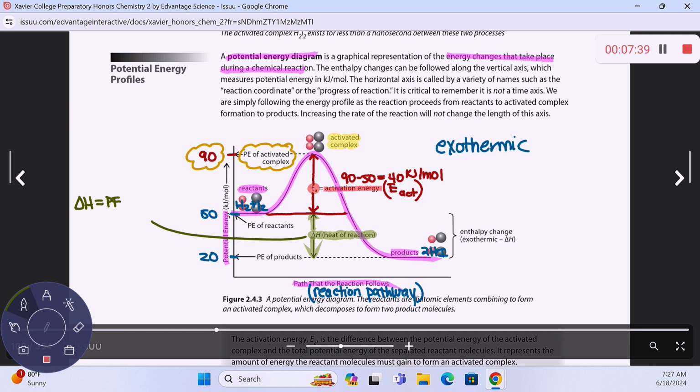It will be the potential energy of the product minus the potential energy of the reactant. So that means in this case, this would be 20 minus 50, which is negative 30 kilojoules per mole. It makes sense that it's negative because this is an exothermic process.